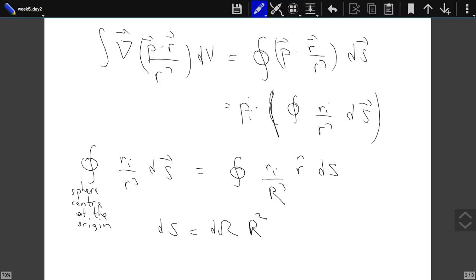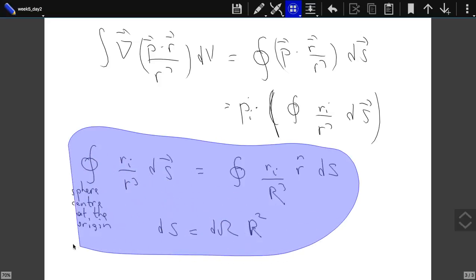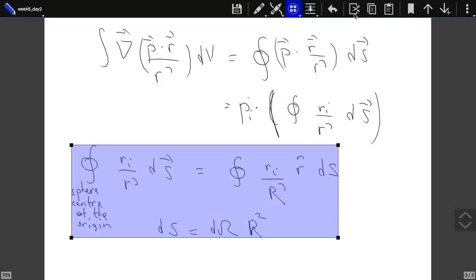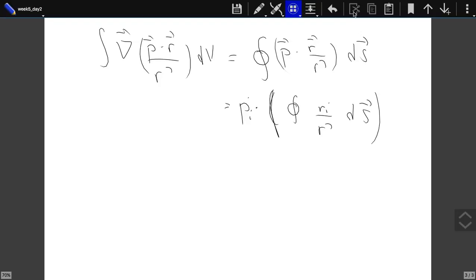I'm not allowed to do that. So what else can we do? What is our I over R cubed?